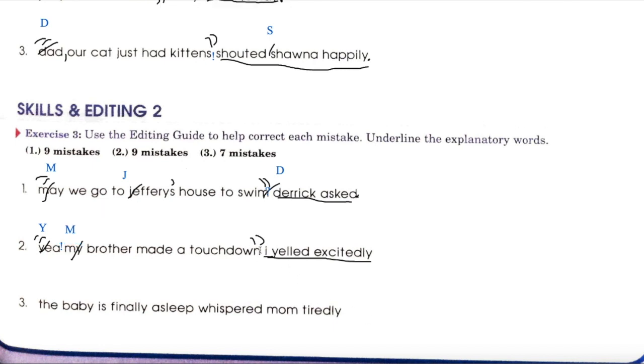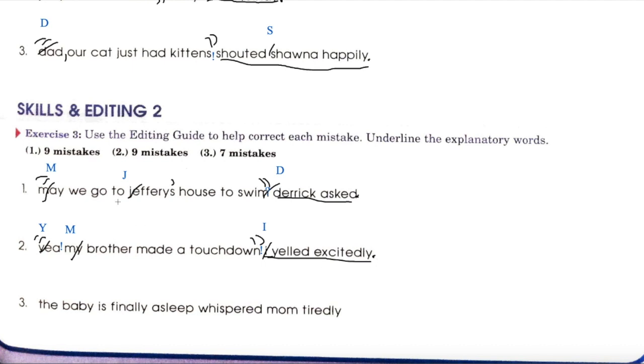And then let's put an exclamation point again at the end of this sentence. Yay, my brother made a touchdown. We have to capitalize. Yelled excitedly. We need a period at the end of our sentence.